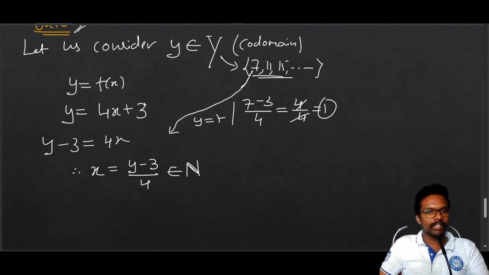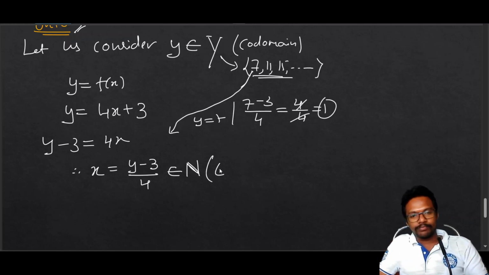In the question, the y values are nothing but the values we got after solving 4x plus 3. So if you substitute those values again, definitely we are going to get an x value that is a natural number. So y minus 3 divided by 4 belongs to N. So this is in the domain.